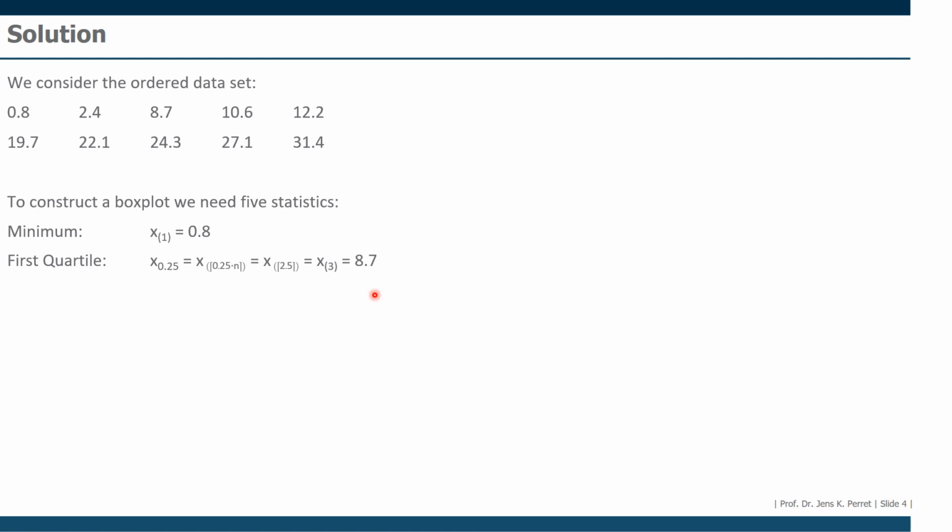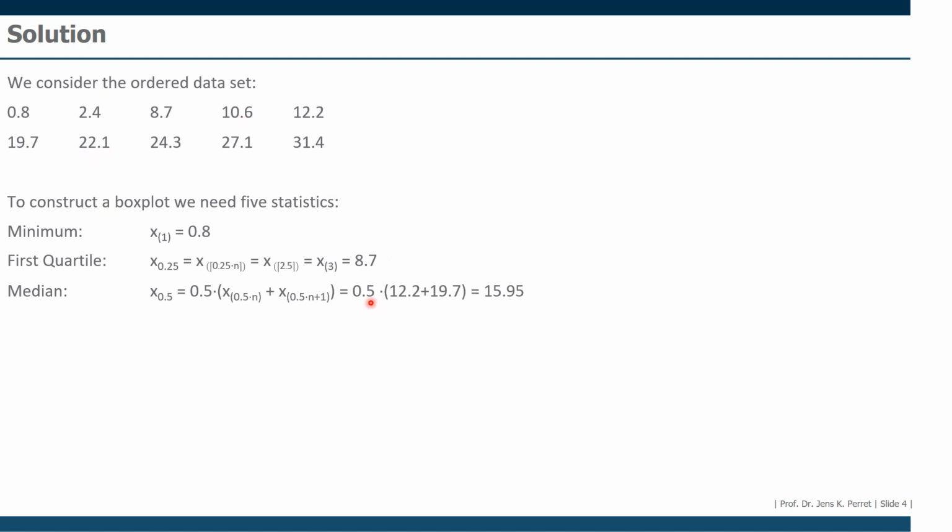I can continue with the median, which usually is a line in the middle of the box, or somewhere in the box. The median depends on whether I have an even or an odd number of observations. As I said, I have 10 observations here, so an even number. In this case, I'm going to take the 2 observations in the middle, which here are the 12.2 and the 19.7. I have 4 on the left, 4 on the right.